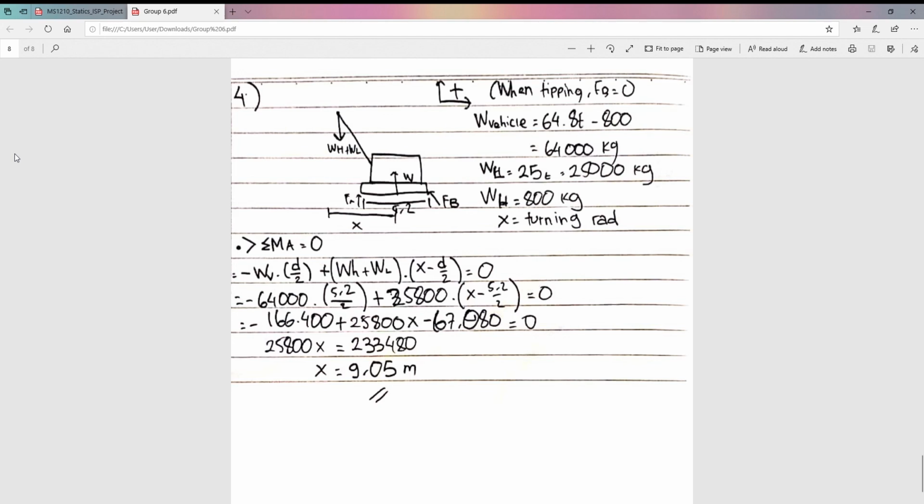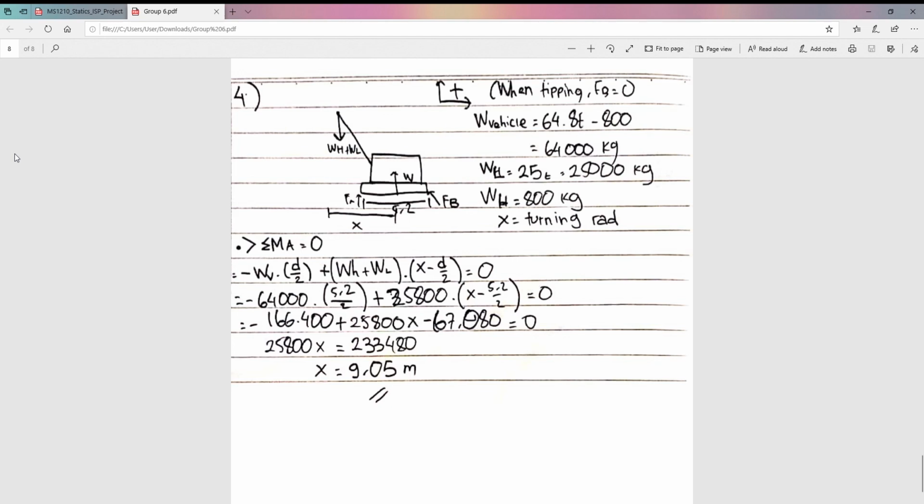Again, why distance divided by 2 is because we're not searching from the whole wheelbase, rather we're just searching from half the wheelbase to the front. And then you insert the numbers as given in the data, and you should get a turning radius of more or less 9 meters.